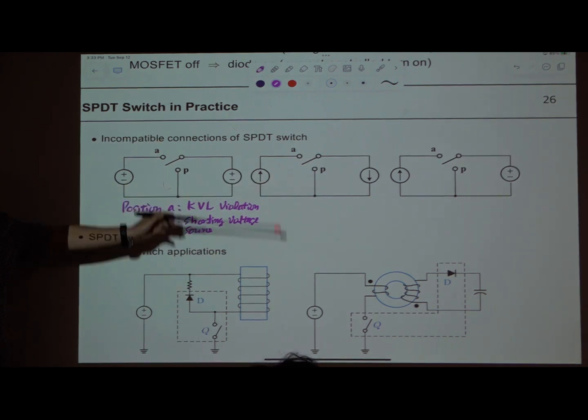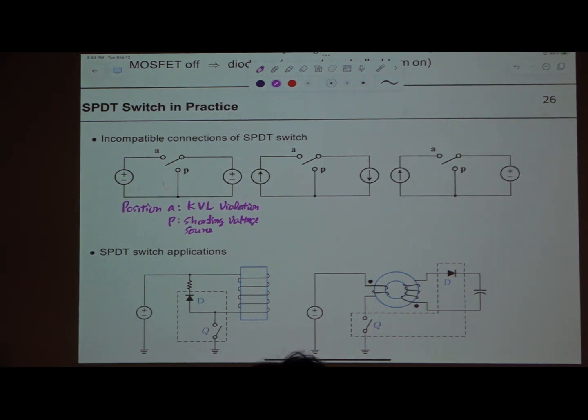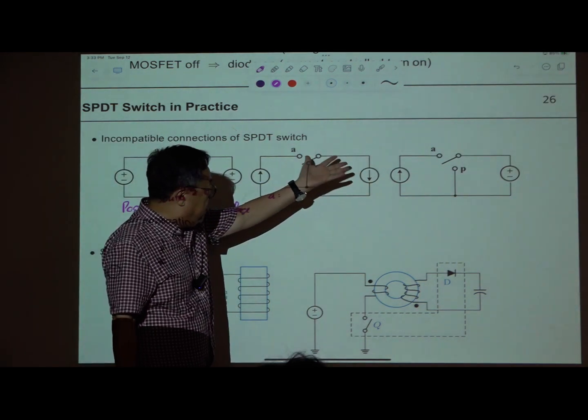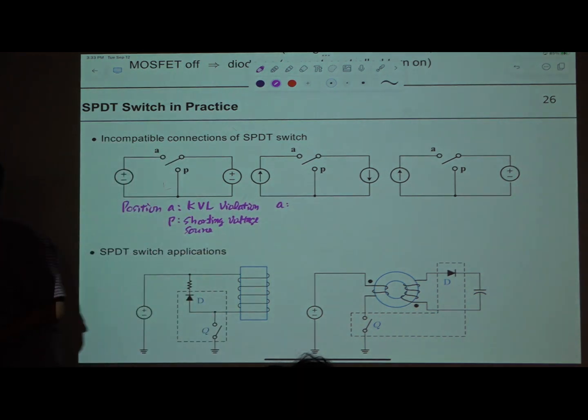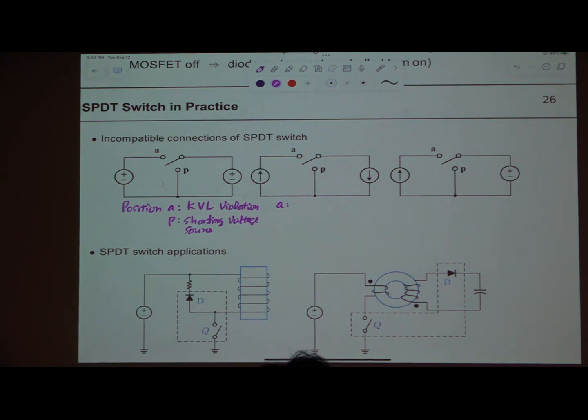Think about this second configuration. When this pole is at A position, the magnitude of this current and the magnitude of this current, if they are identically the same, that's okay. Otherwise, you have a KCL problem. KCL will be violated. When this pole is at P position, this one might be okay.